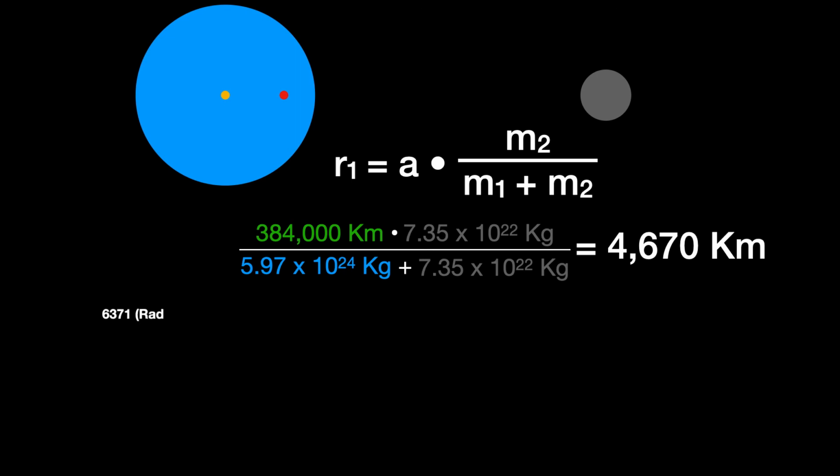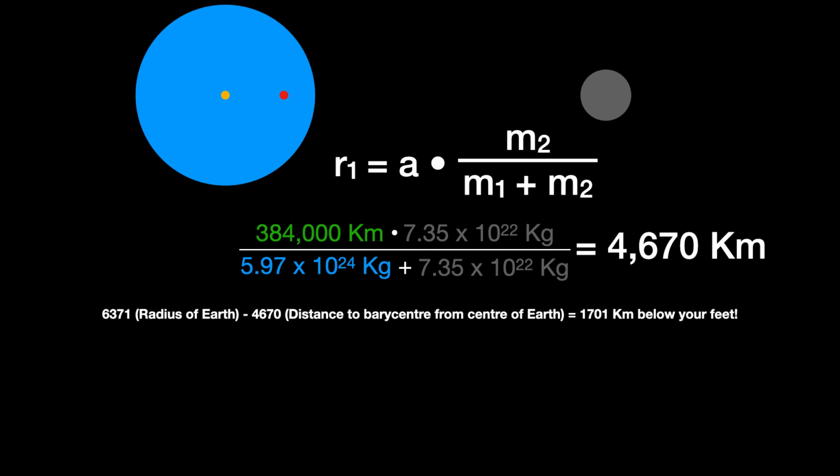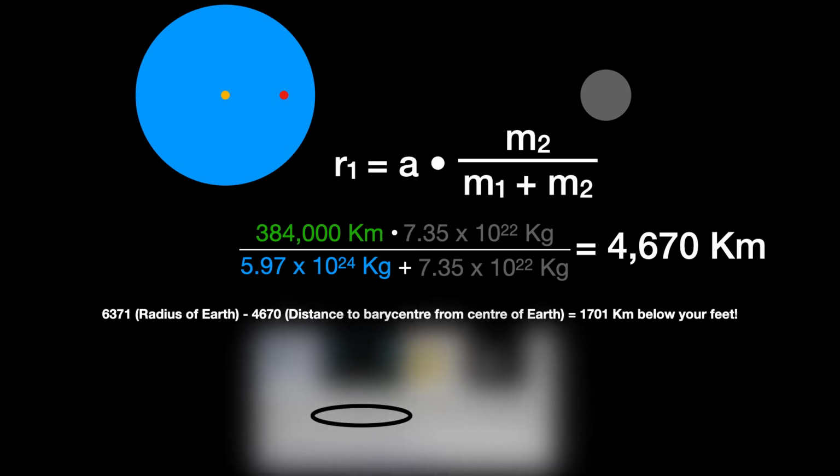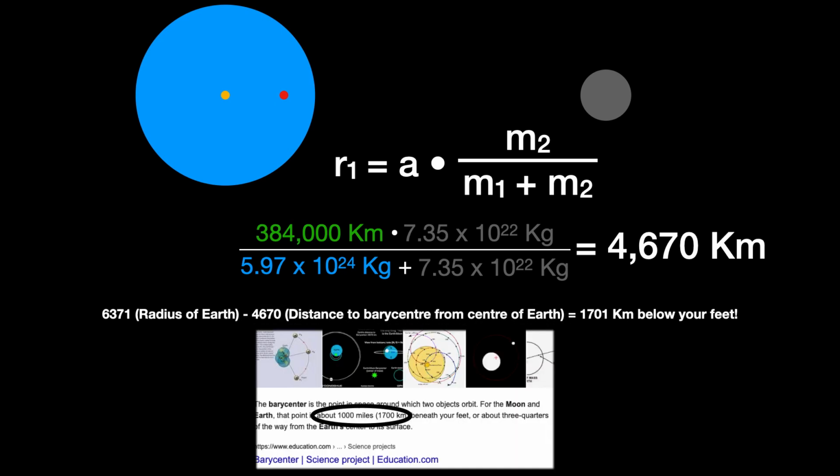So 6,371 radius of Earth minus 4,670 distance to barycenter from center of Earth is equal to 1,701 kilometers below your feet. So the barycenter is about 1,700 kilometers below your feet, which matches this thing right here that I found just Googling it.